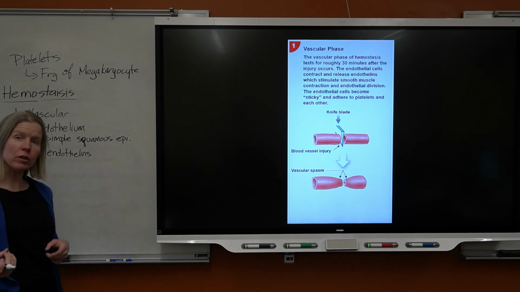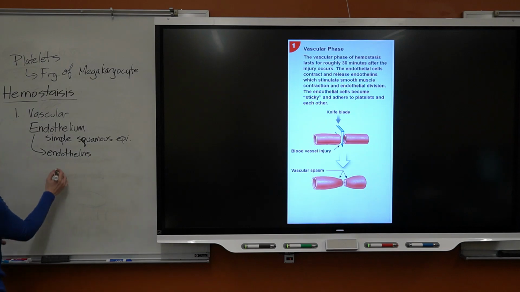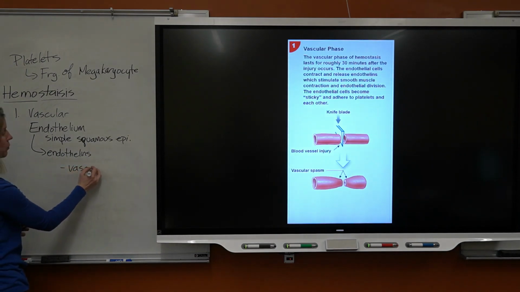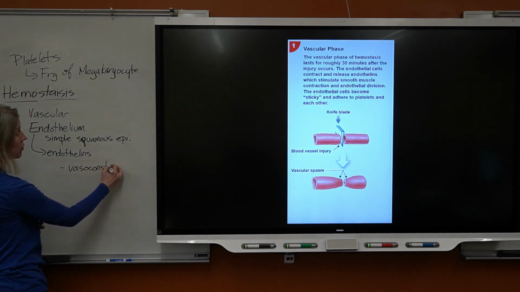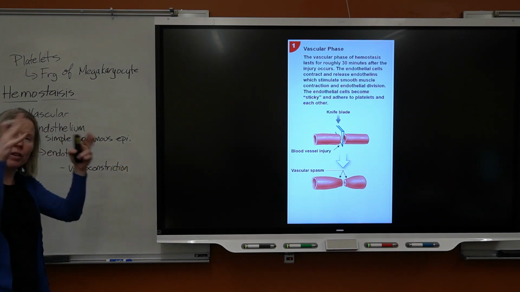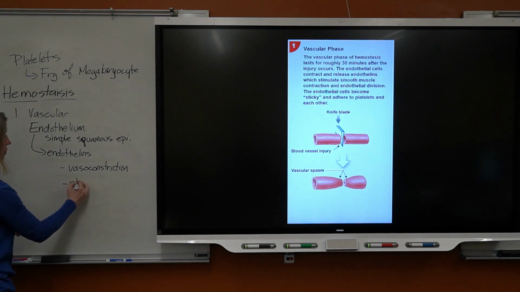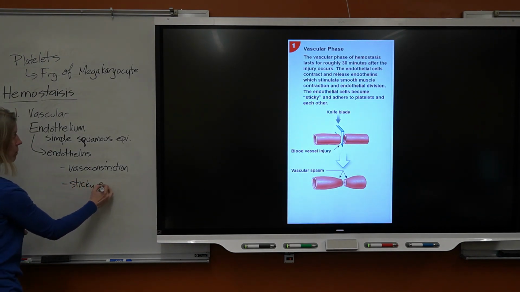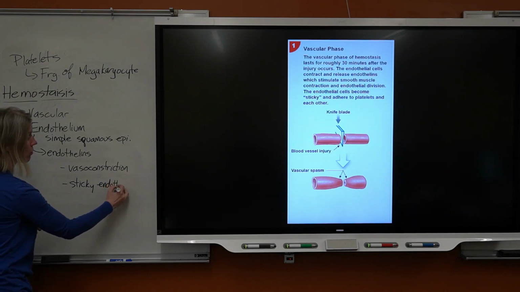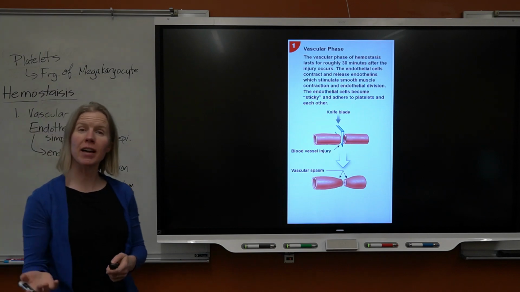Endothelins are chemicals that are going to cause vasoconstriction, the contraction of this blood vessel. And they also make this endothelial lining of the blood vessel sticky. Okay? And that's what's going on here in the vascular phase.